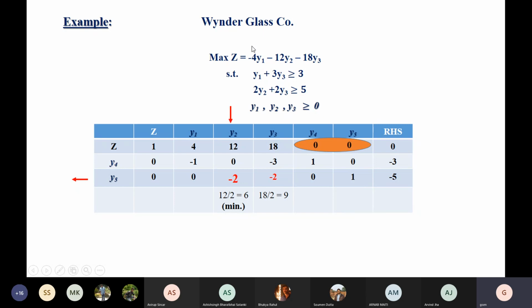Suppose this problem is given to you, and if you look at it closely, it is nothing but the dual of our initial problem, which we used to explain the simplex method very early, right? That maximization 3x1 plus 5x2 subject to 3 constraints, right? So you recall that form, right? It is nothing but the dual of that form.